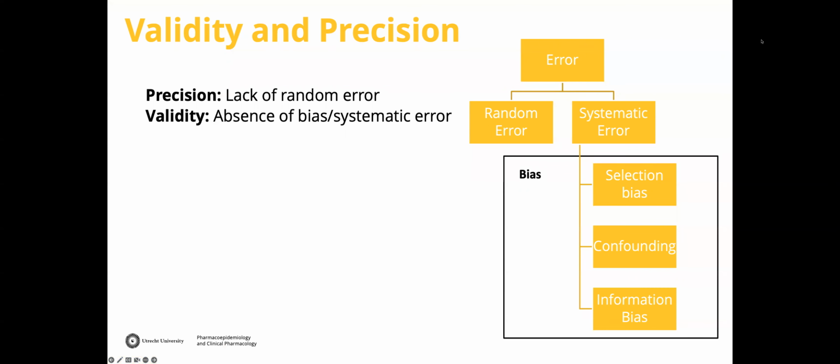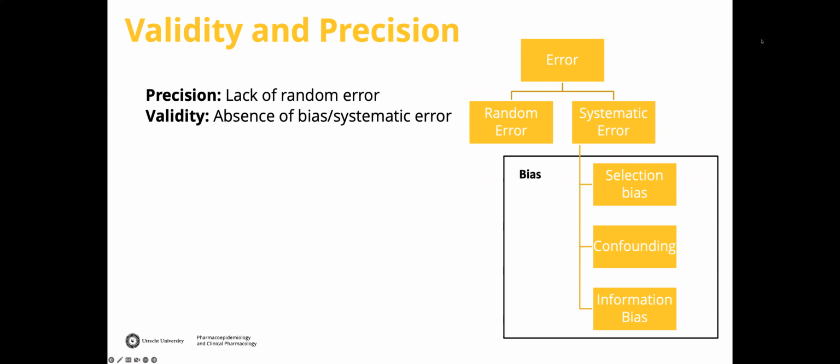So validity is essentially the absence of bias or systematic error. And precision can be defined as the lack of random error in a given study, or statistical error.